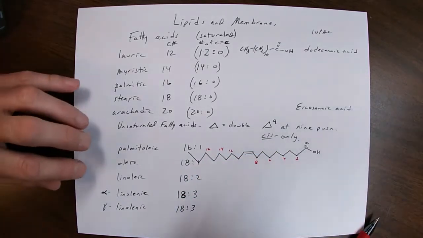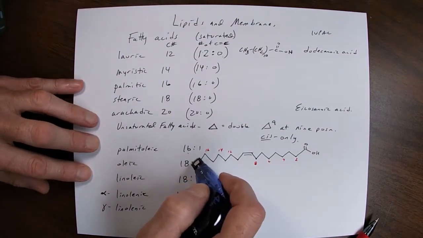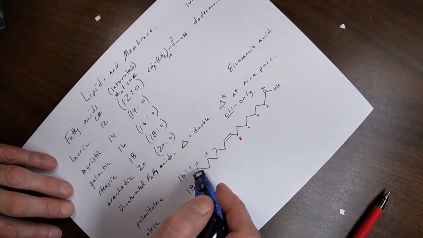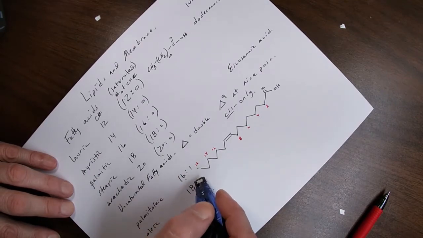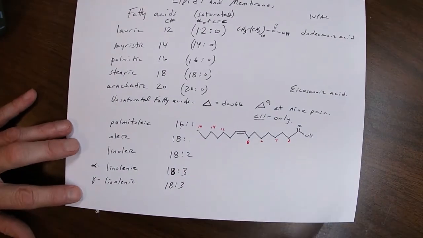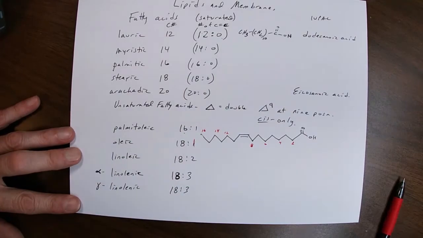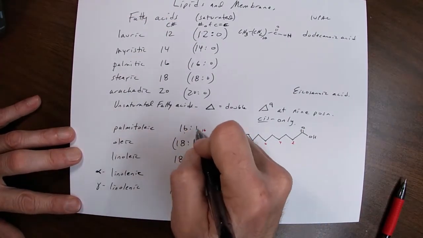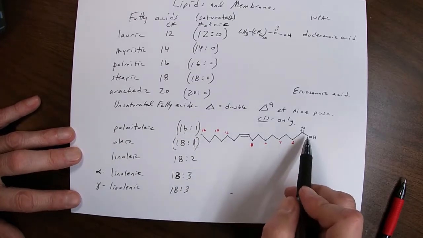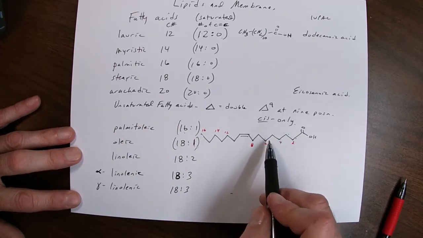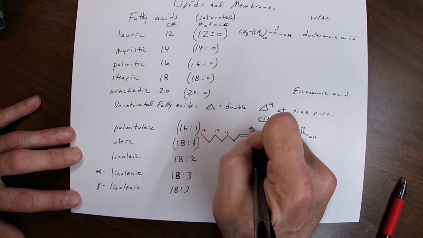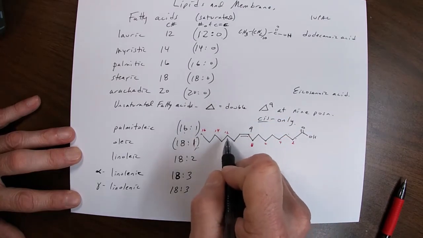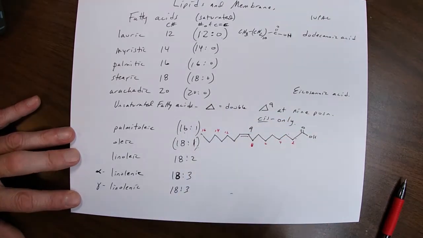Whoops, too many carbons. I got ahead of myself. Okay, it's supposed to be 16 carbons total. I'm doing the structure for the next one, okay? All right, so, excuse me. 16, again, let me count these. 1, 2, 3, 4, 5, 6, 7, 8, 9, 10, 11, 12, 13, 14, 15, 16.